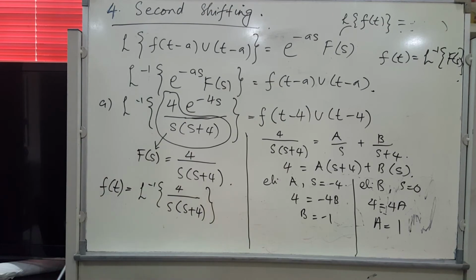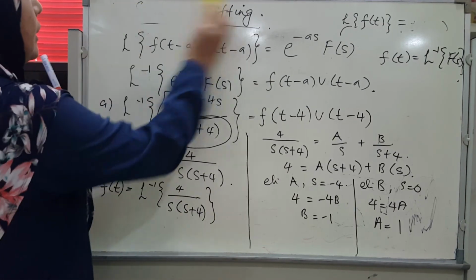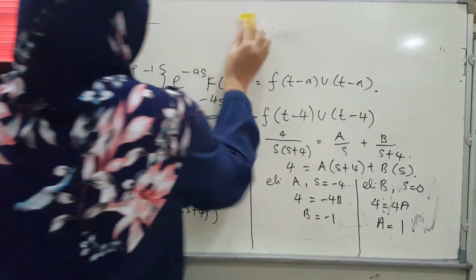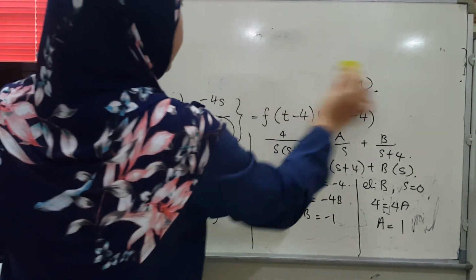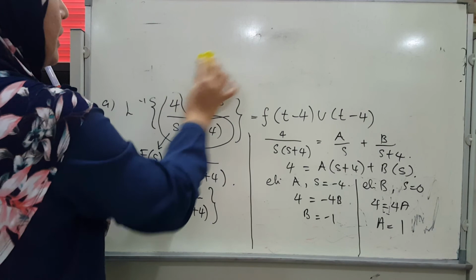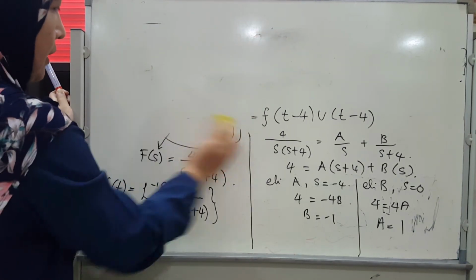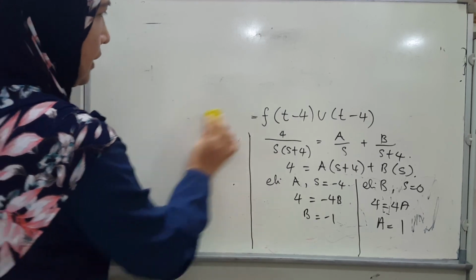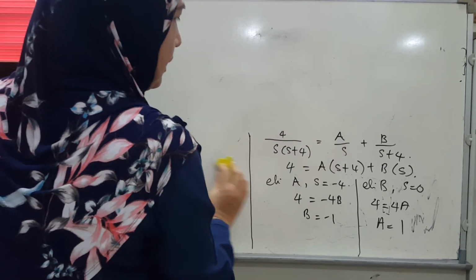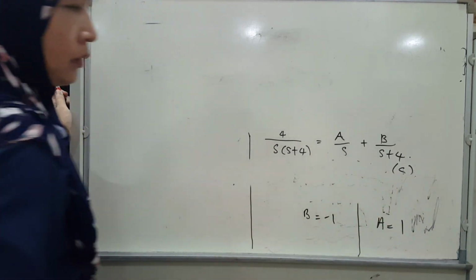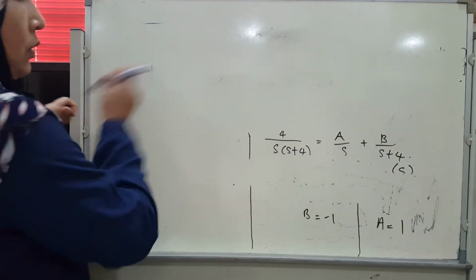Okay, so let me write this first. So B is negative 1, A equals 1.